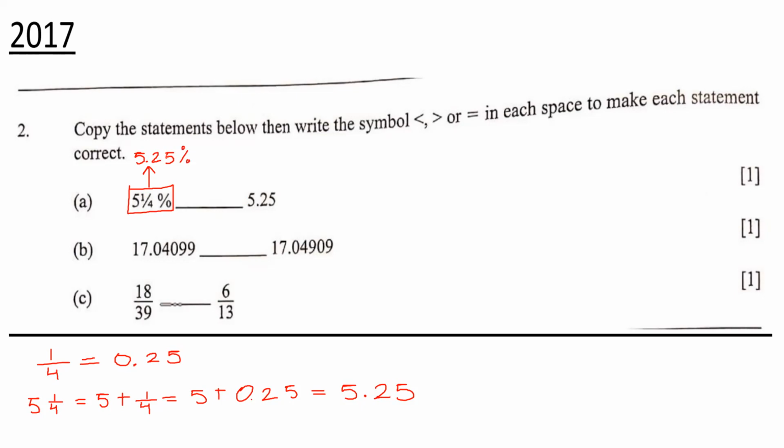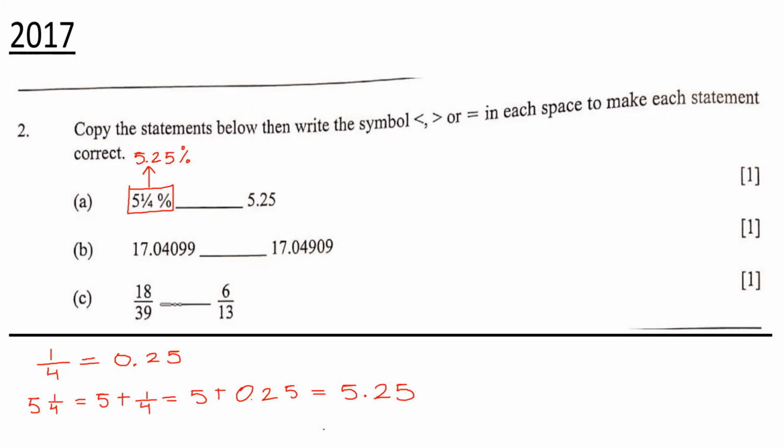Now, is 5.25% equal to 5.25? Are they the same? Or is 5.25 greater than 5.25%? Or is 5.25% greater than 5.25? In order to figure that out, let's go to the calculator.